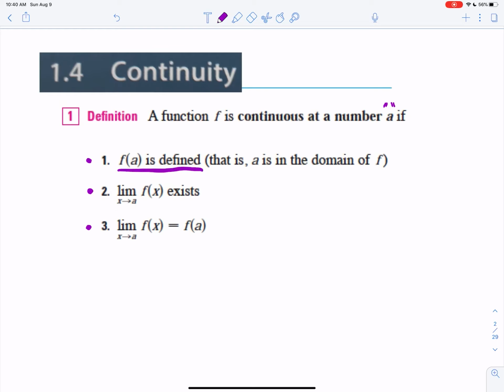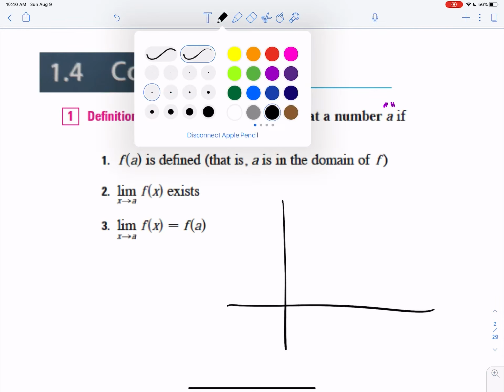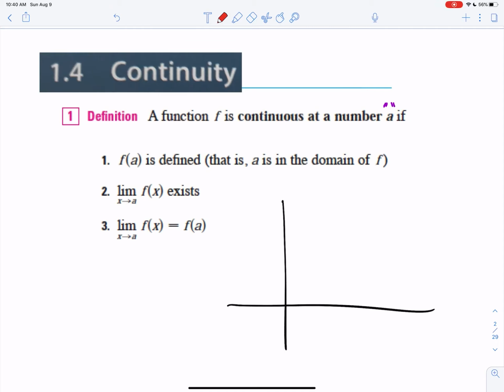Okay, so let me illustrate this for you. Actually, let me draw a graph for you. So here's a. f of a has to be defined, meaning exactly at a, there has to be a defined point. Okay?